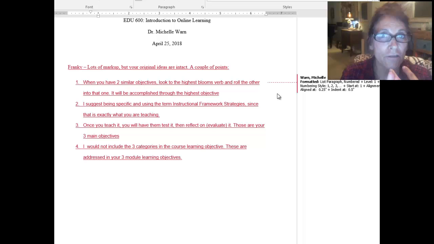The implementation phase would really make it powerful, but you need a month, and that kind of changes your whole design. I don't know if you want to do that, but it certainly is doable.